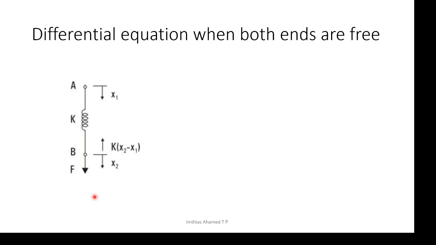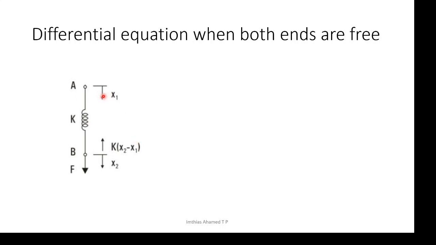So the net displacement for the spring is 10 minus 5. When I am trying to pull, the spring will get deformed, and the force will be equal to k into (x2 minus x1). So if both ends are moving, if I apply a force F, the opposing force will be k into (x2 minus x1).